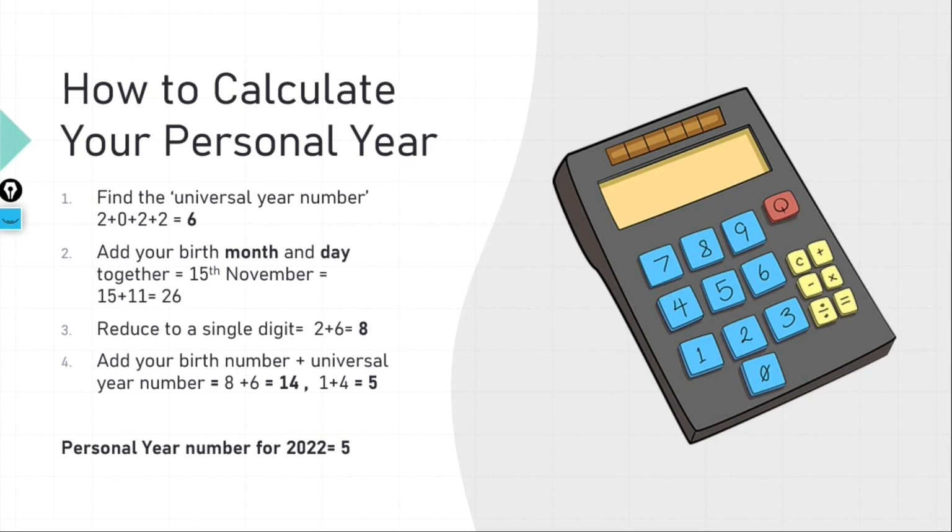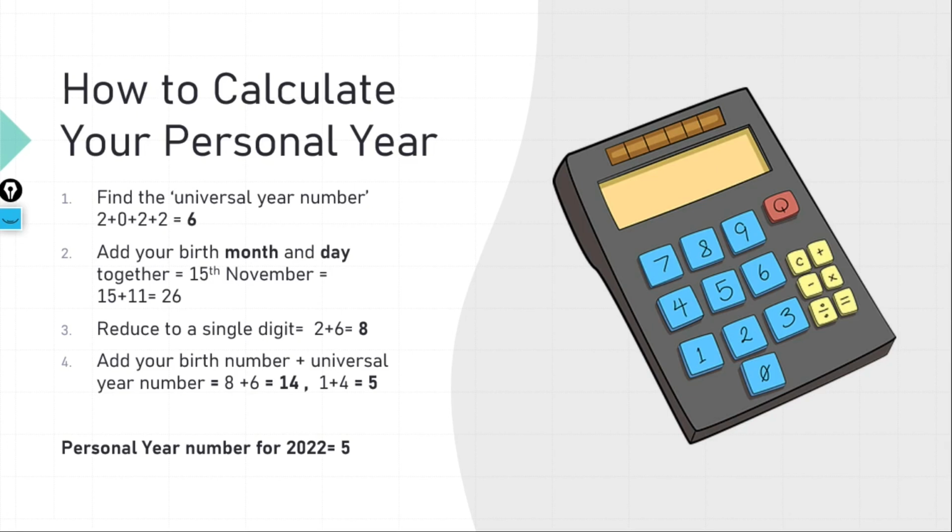That would be your personal number. Then you add together your birth number and the universal year number. 8 plus 6 gives you 14. Reduce that again, 1 plus 4 gives you 5. So for this Scorpio, their personal year number would be number 5.